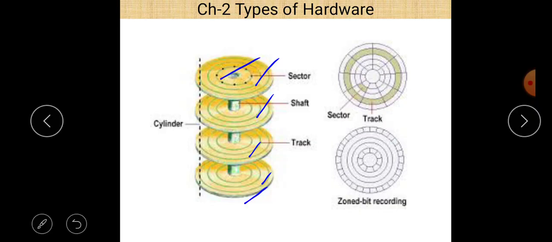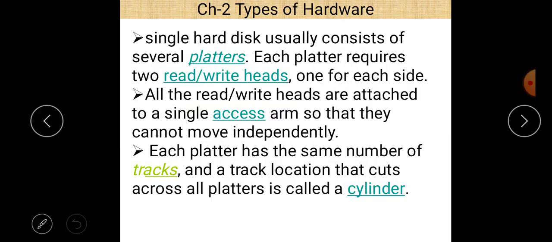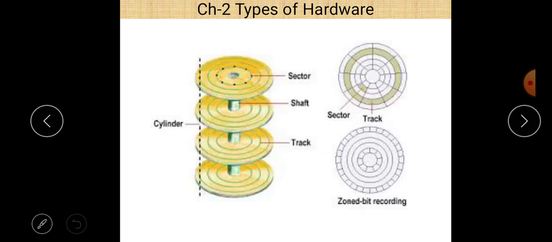So whatever the number of surfaces, only the number of surfaces minus 2 can store data, those are the read and writable surfaces. Next, the main point is that the hard disks are connected to an attached arm, or we can say an access arm, and the hard disk rotates.